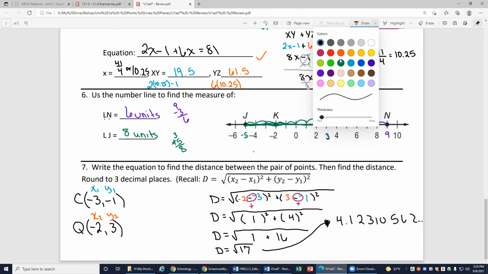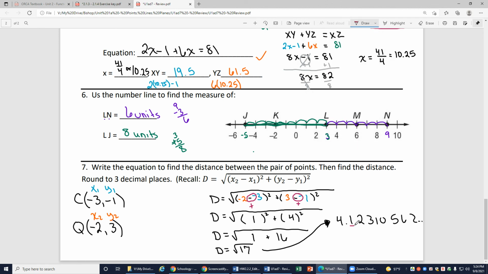Okay, but if I want to round to 3 decimal places, 1, 2, 3 places after the decimal, I look at the 4th one to see if I have to round up, and I do not have to. So my answer is 4.123 units. Okay, so there is our quick review over days 1 through 6.